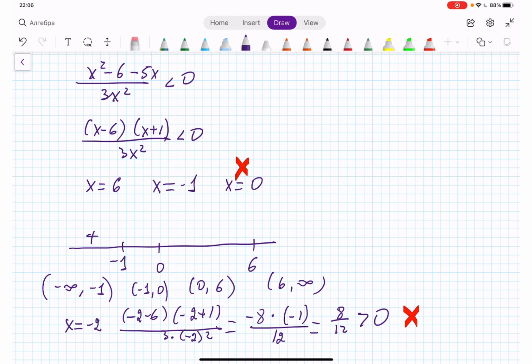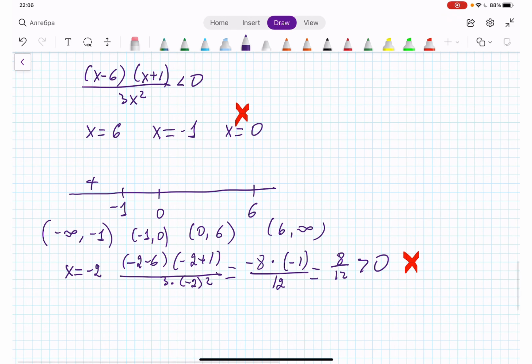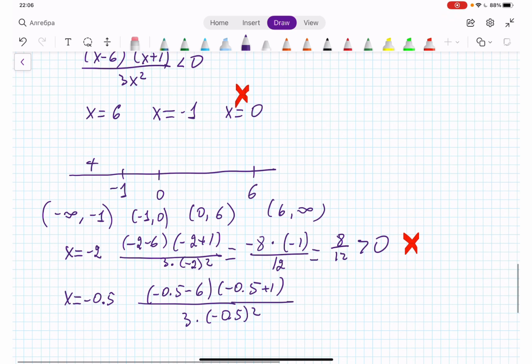What else we have? Between -1 and 0, we need to take what? Negative 0.5. So negative 0.5 minus 6, negative 0.5 plus 1, and 3 times negative 0.5 squared. So what do we get here?